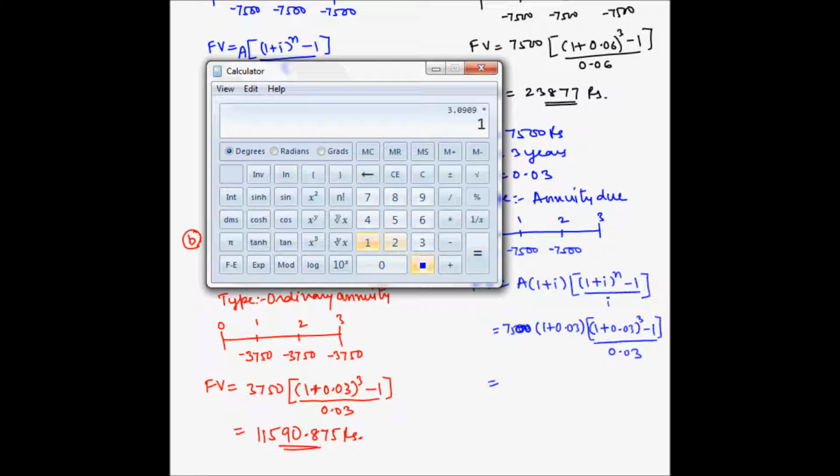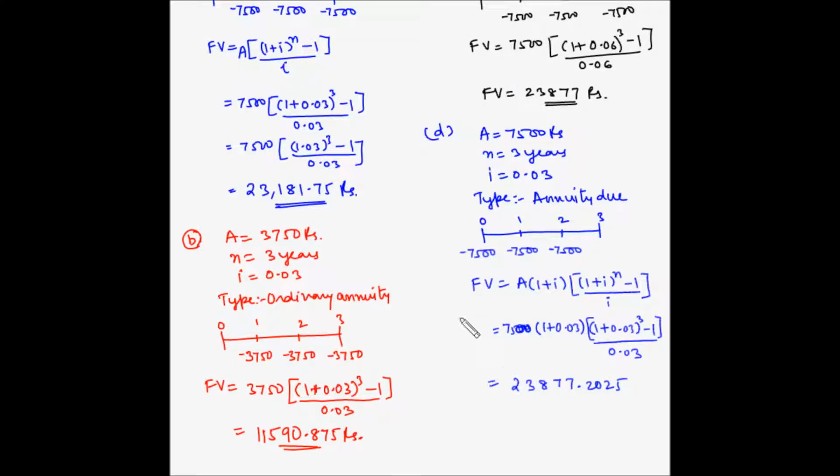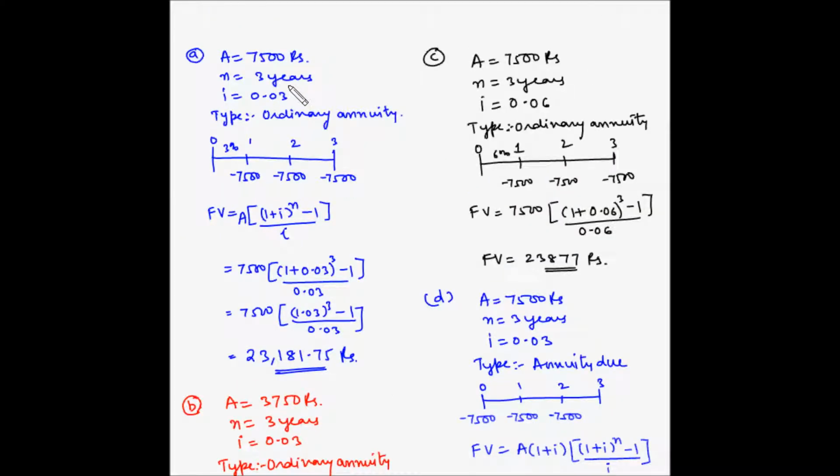So 1.03 into 7500. So the future value is 23877.2025.